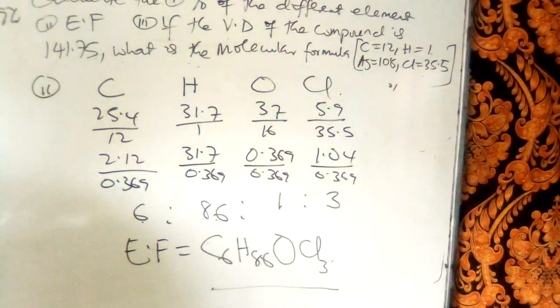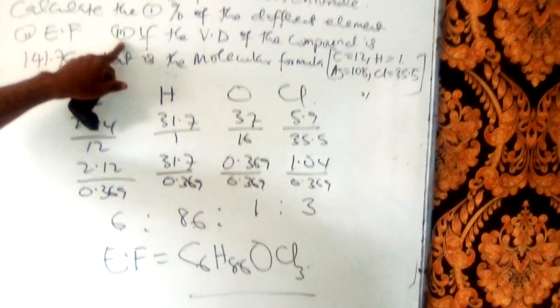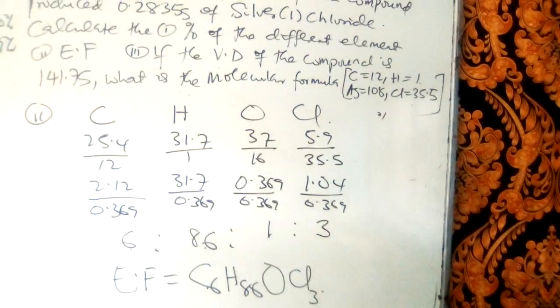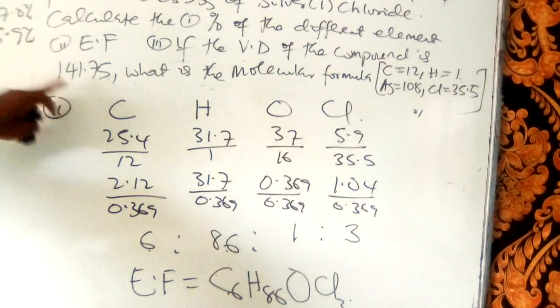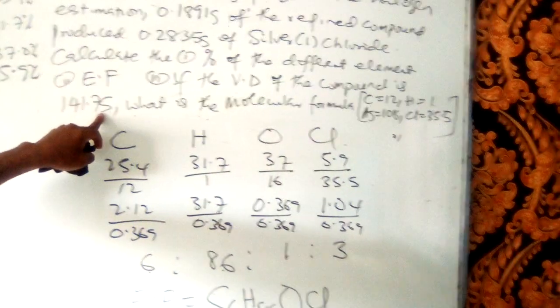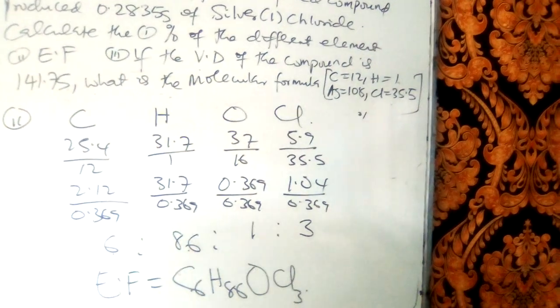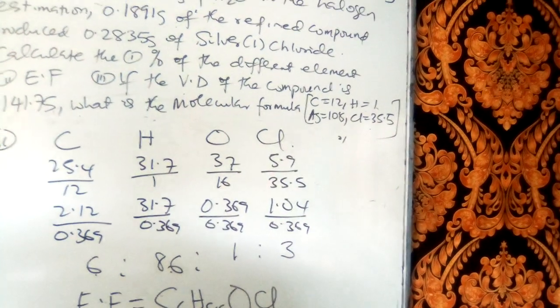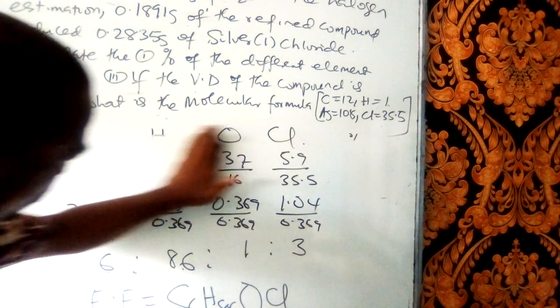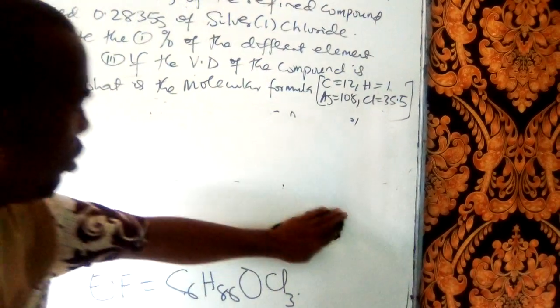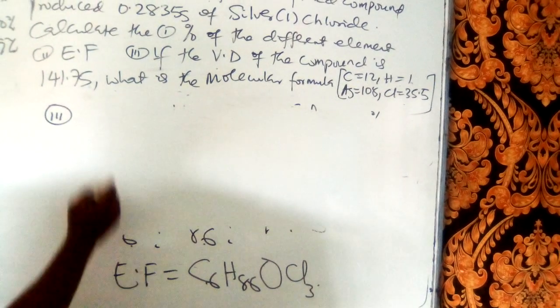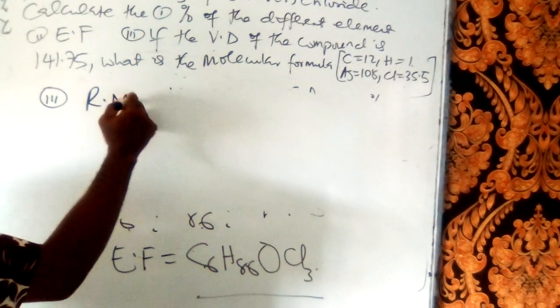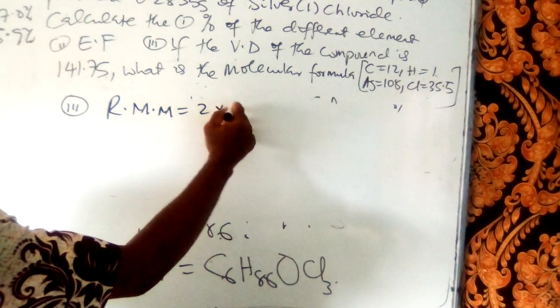So we go to number 3. We say that if the vapor density of the compound is 141.75, what is the molecular formula? So we'll go ahead to solve. First of all, we have to convert this vapor density to relative molecular mass. And you know in chemistry, from gas laws, molecular mass is 2 times vapor density.